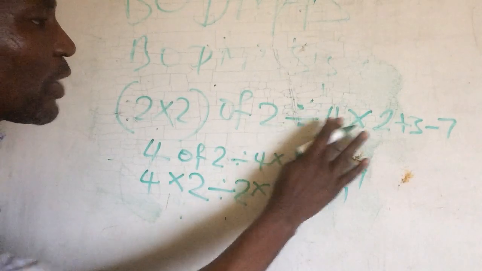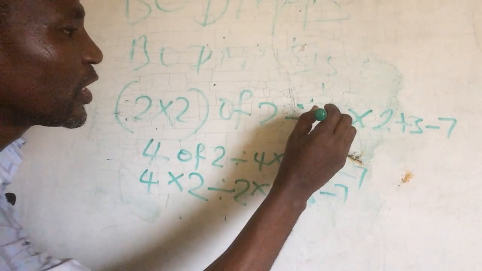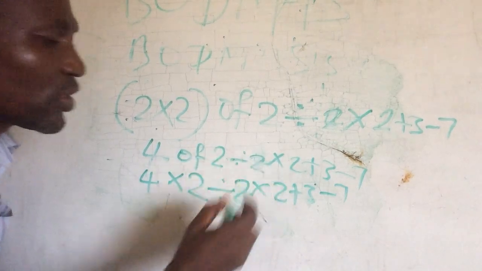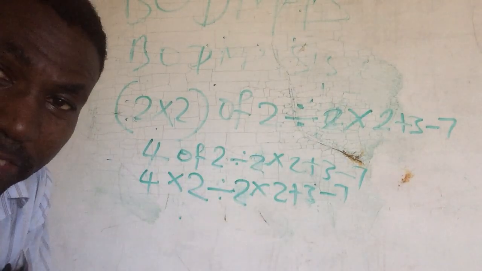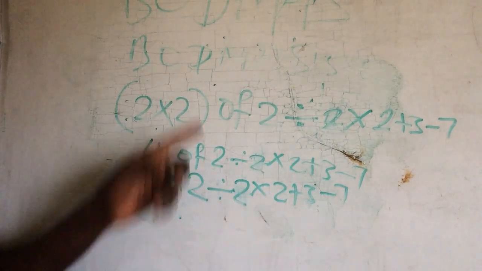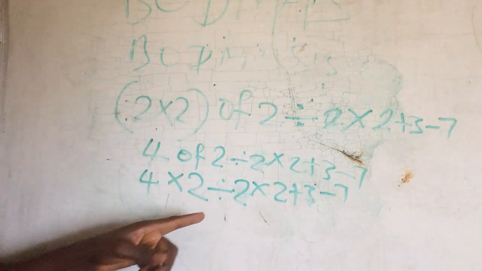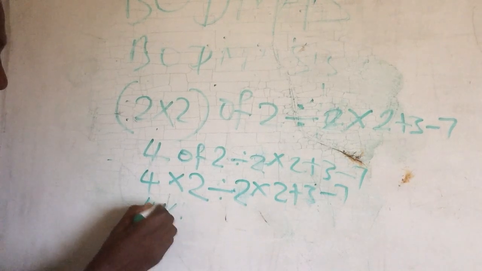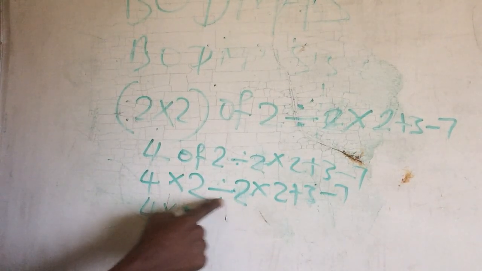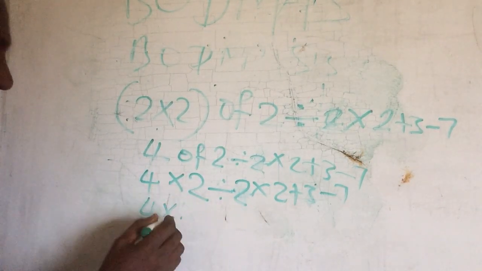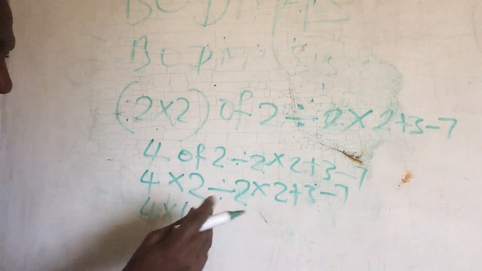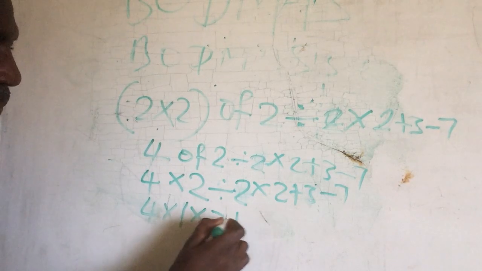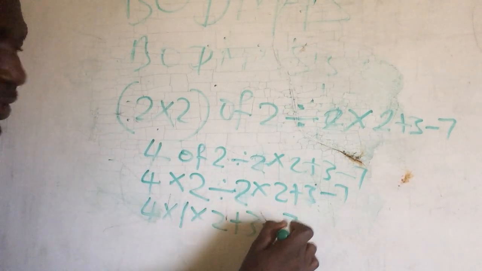As I do it here, I will still change it here, just for easy clarification, okay? So the next thing is division. Division says you divide first. So you now have 4 times, then divide: 2 divided by 2 is 1. So it is now 4 times 1. So division has gone. Times 2 plus 3 minus 7.